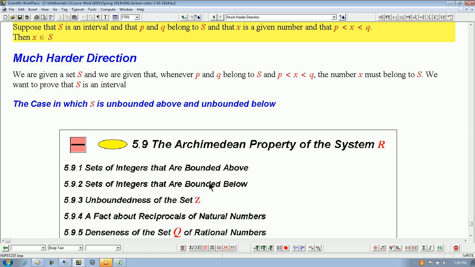The set of all reals. It's got to be, the set is unbounded above and unbounded below, right? And any number that lies between two members has got to be a member. We are going to prove that S is equal to the set of all real numbers. That's this case. You understand? That'll be an interval, will it not?